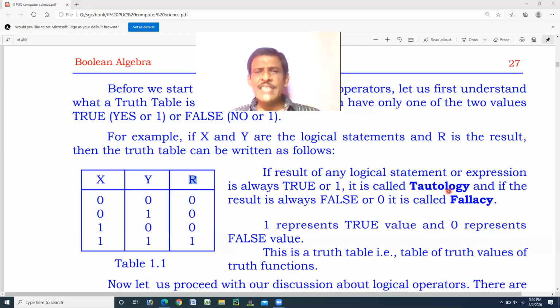Then what is a fallacy? If the result of any logical statement or expression is always false, then it is called a fallacy. For the exam, these two definitions are important for 2 marks questions.